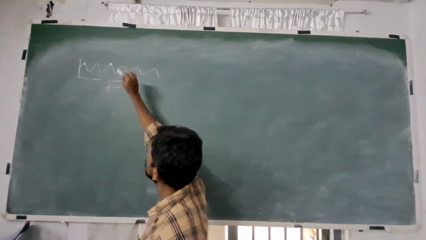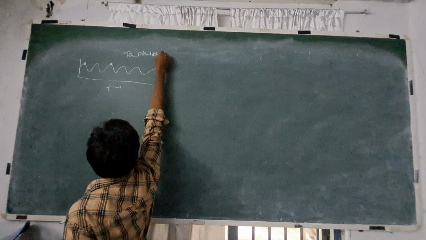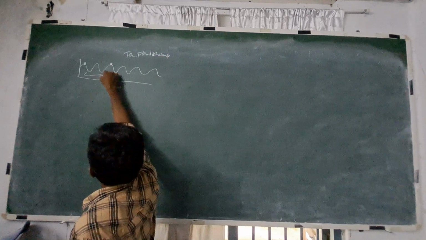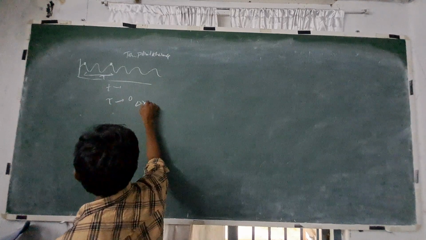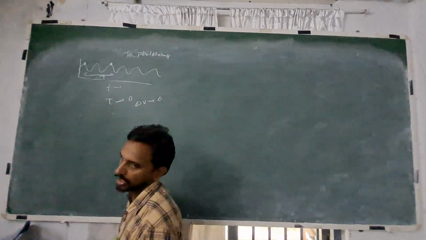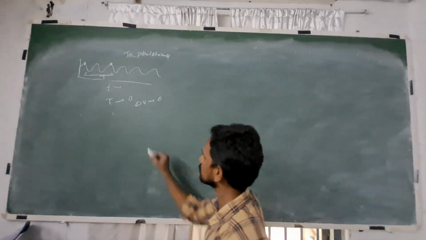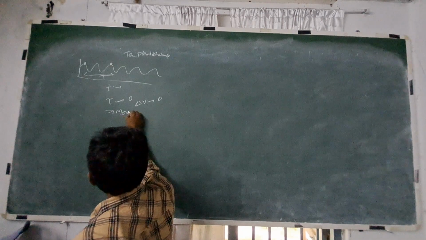And so if I call this as tau, for tau to be infinity, delta nu should be 0. So all monochromatic sources will have infinite temporal coherence.